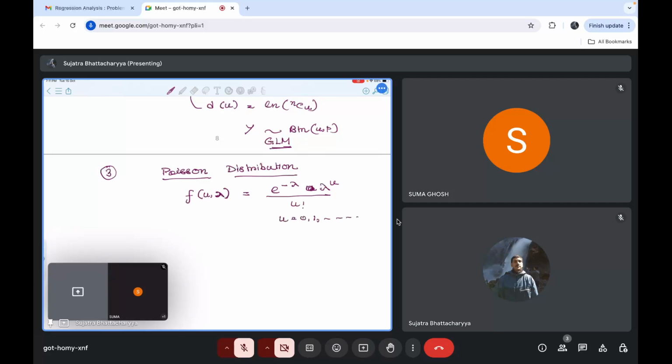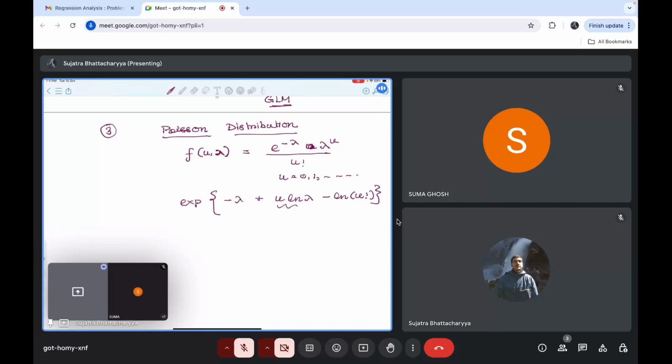So how can we write this as the exponential family? Just write exponential first and then accordingly you change. So this will be minus lambda because e to the power minus lambda is already present. Then u log of lambda, then minus log of u factorial. That's all.